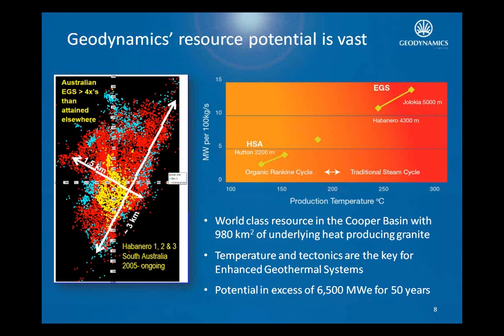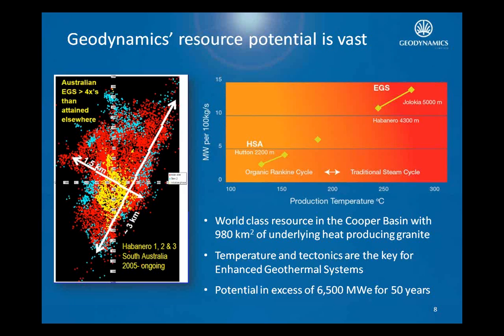We drilled it in 2003 and hydraulically stimulated that reservoir. The different colors you can see on this graph are the stimulation activities that occurred at different dates. So the yellow dots are events from the third stimulation, so we've done this 3 times.